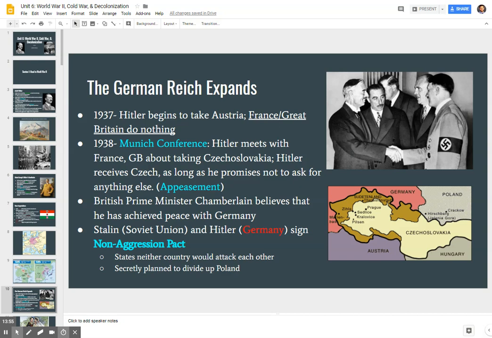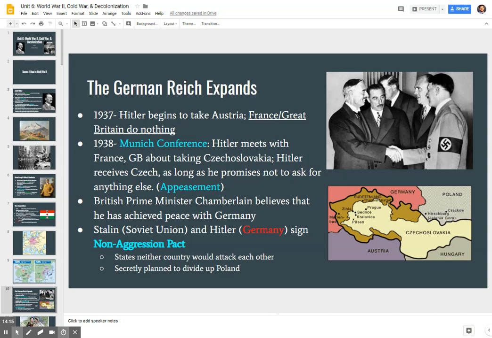All right. Also, this period of appeasement also has a backroom deal behind it. So a guy named Stalin, we've talked about already, in the Soviet Union, and Hitler have a behind the scenes meeting and sign what they call a non-aggression pact.